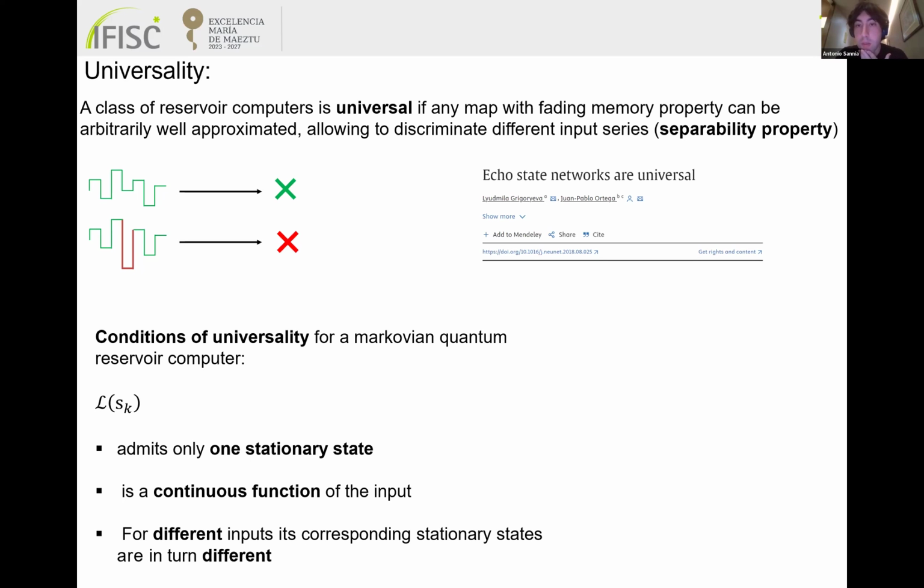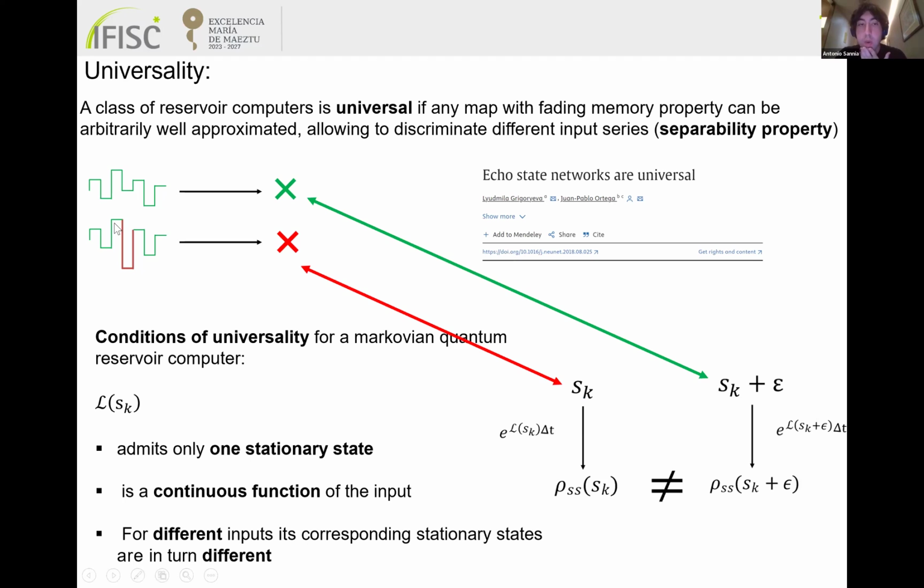The main idea of the proof is that the stationary states depend on the input and are different for different inputs, no matter how close they are. This property allows us to discriminate two different time series. So we can use the stationary state as a tool to separate different series. This is the proof.